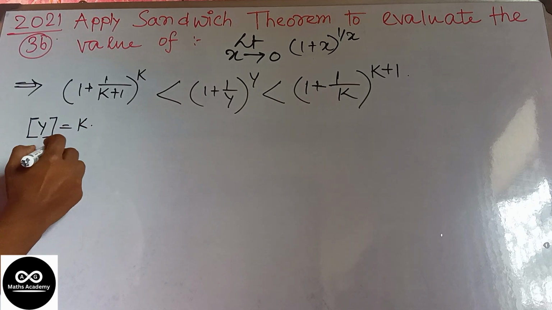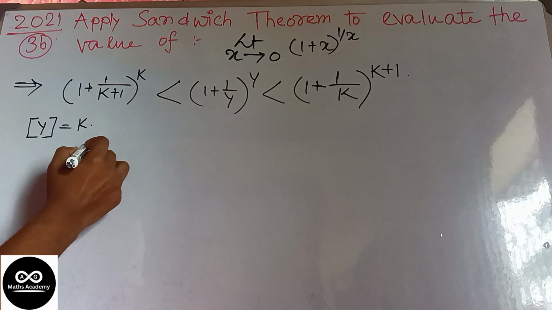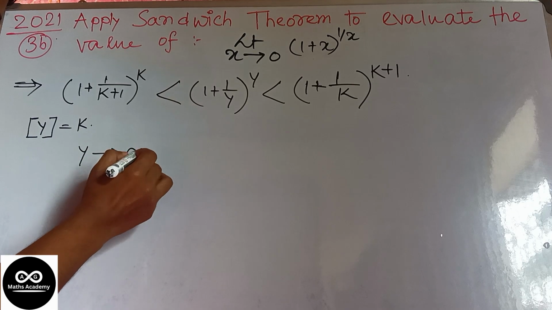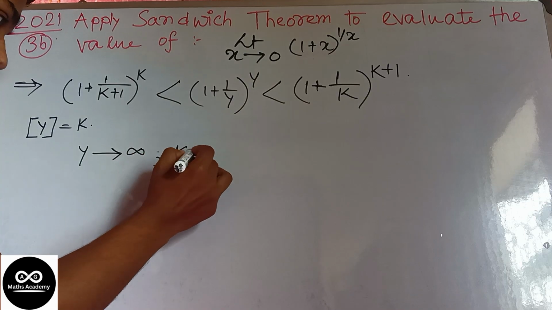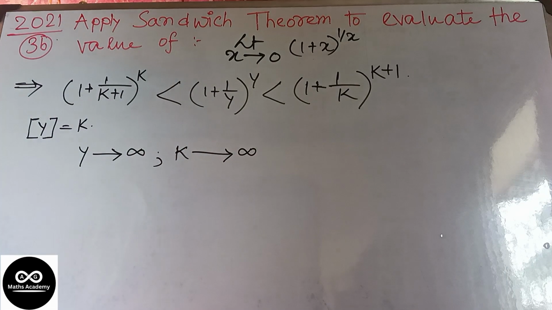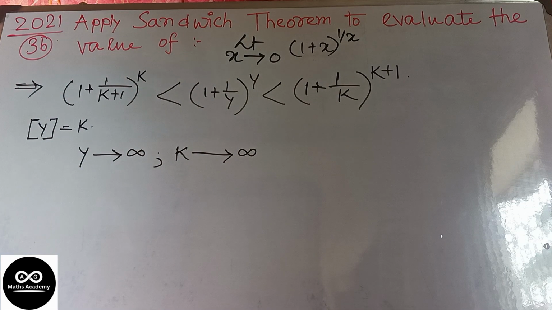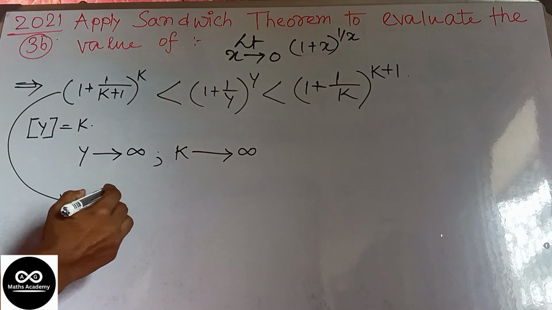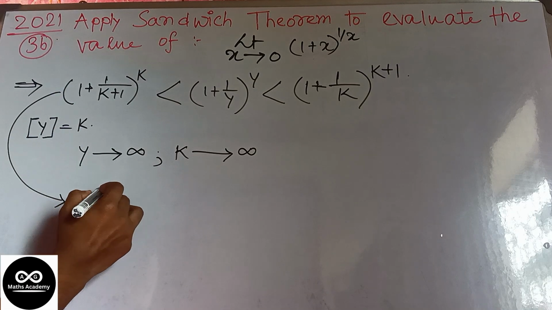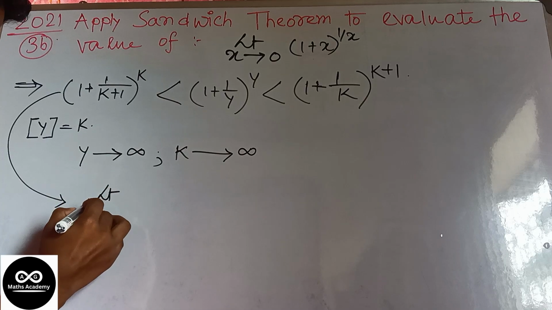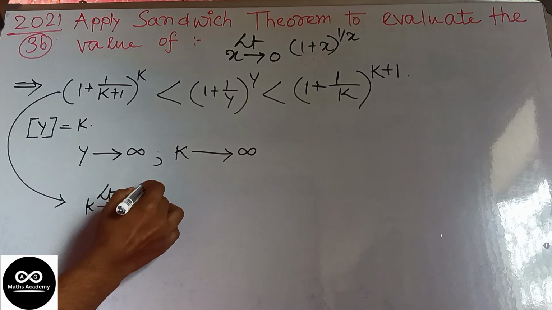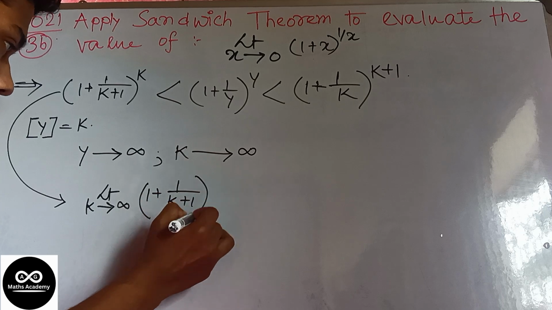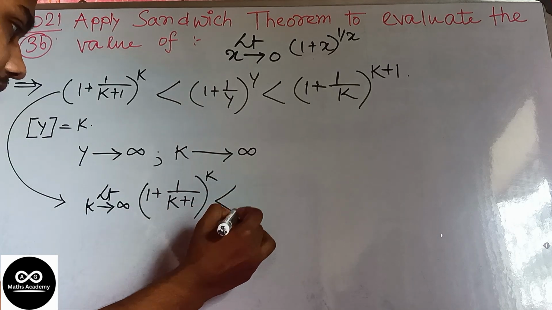Now we can say that as y tends to infinity, k also tends to infinity. So now we can write the limit as k tends to infinity of (1 plus 1 by k plus 1) to the power k.